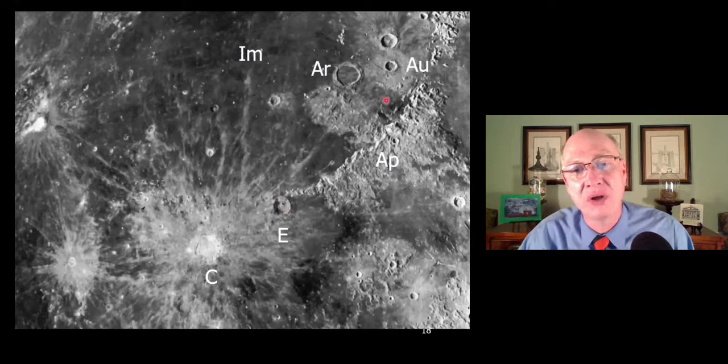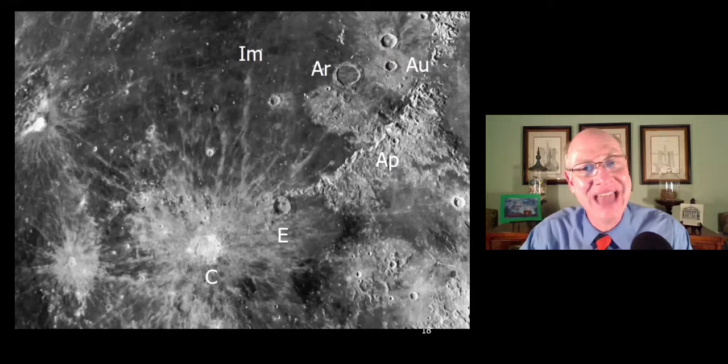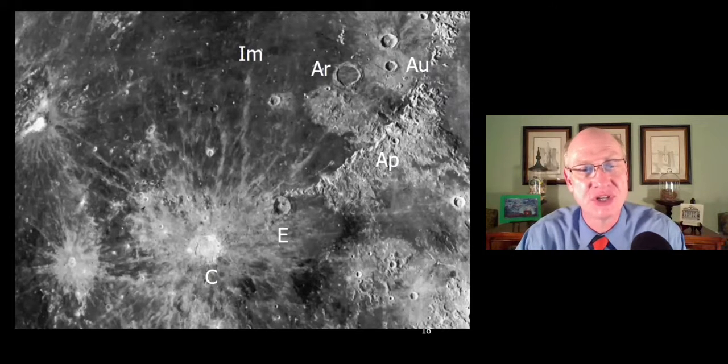And here's the problem. Autolycus and Eratosthenes are far enough apart that we can't actually determine which one came first and which one came second. It's also complicated by the fact that Eratosthenes was damaged by all the ejecta from Copernicus right here. So sometimes we can use the freshness of the crater, how fresh it looks.